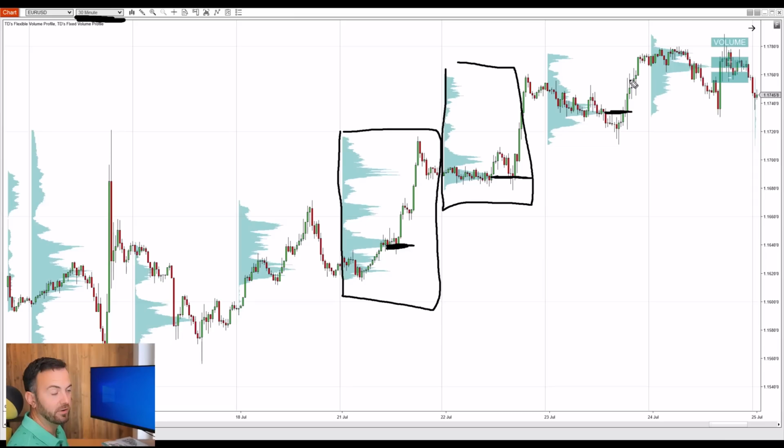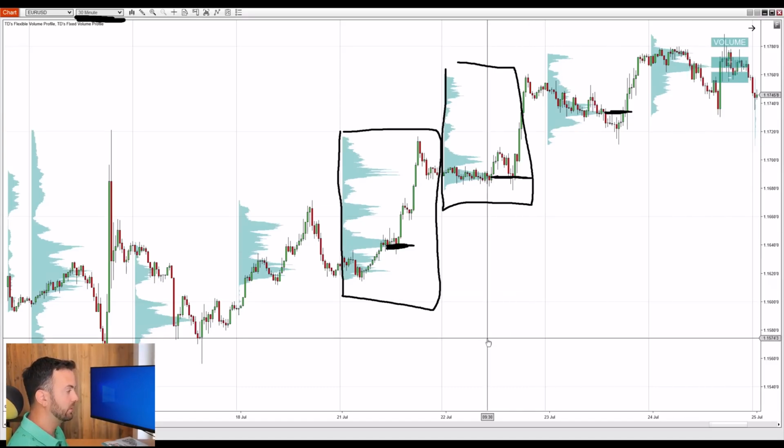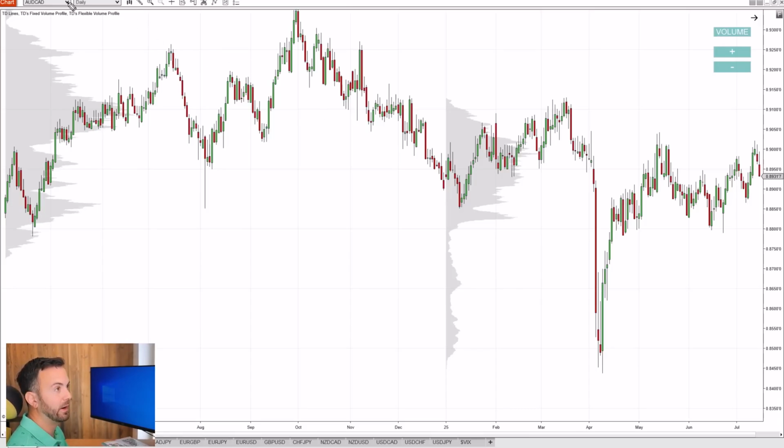If you are a day trader, you are probably going to be interested mostly in the daily point of control, right? The place where most volumes were traded in a given day. But on the other hand, if you are, for example, a long-term investor, then you'll use a workspace like this. This is my swing trading workspace where I trade on the daily charts.